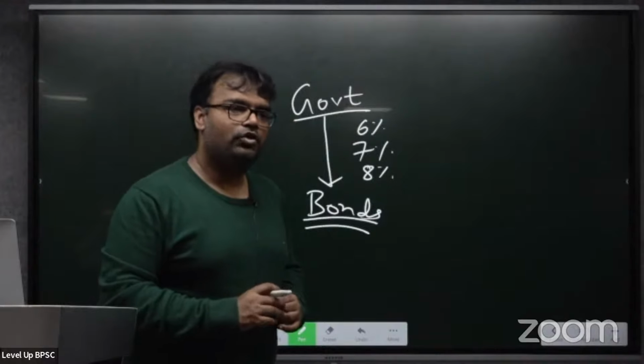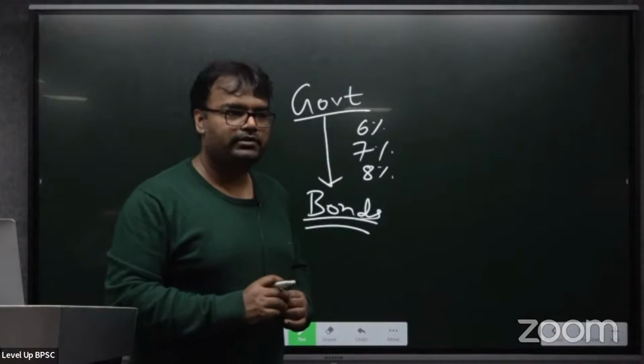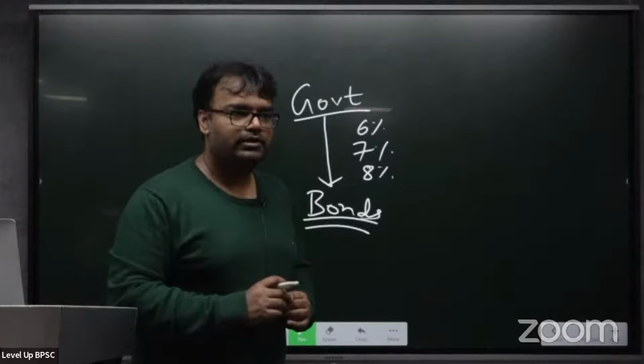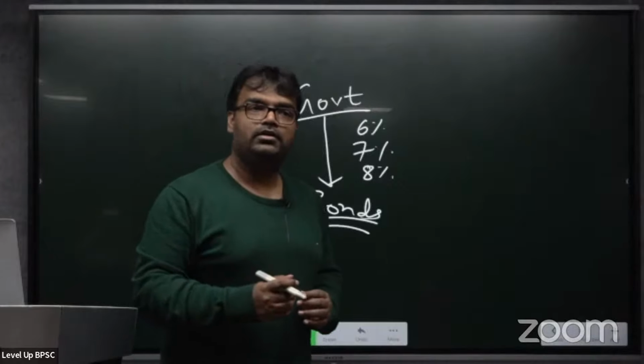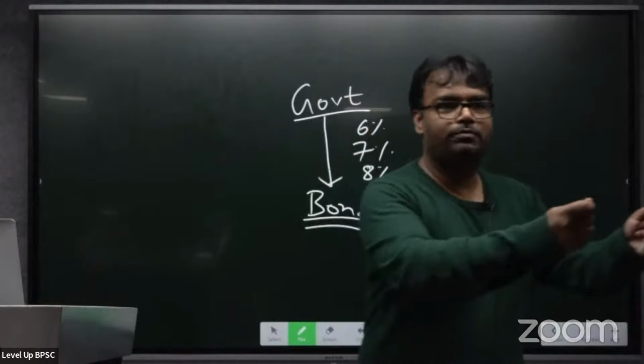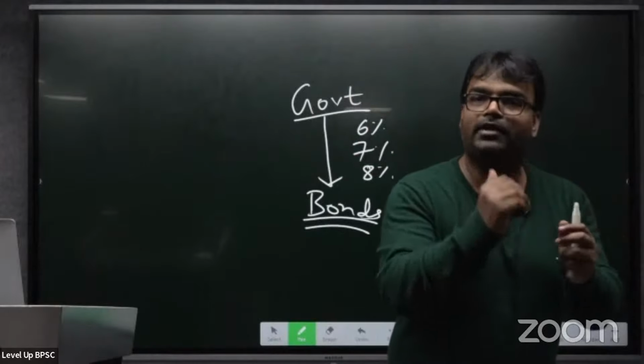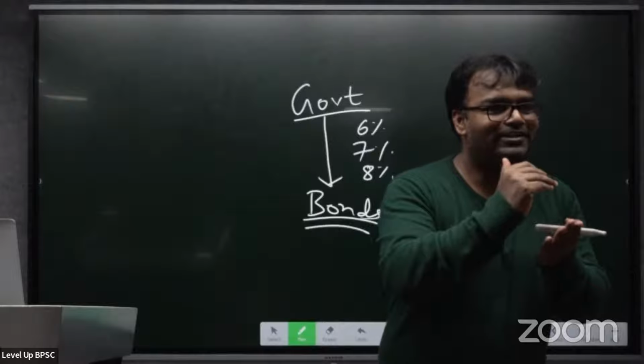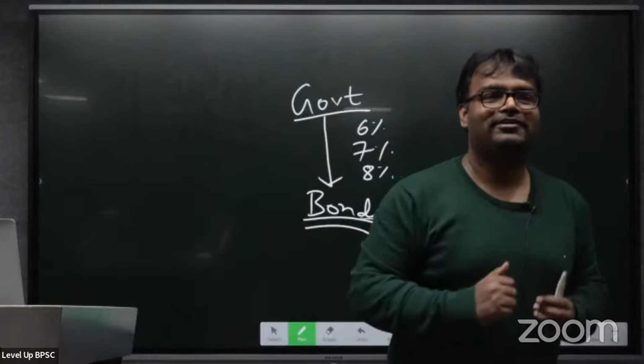After that, economy started doing badly, right? COVID-19 आया, people were not ready to invest in other things. They were like, government bond में डाल दो, security पैसा मिल तो जाएगा, चाहे कम मिलेगा. So government yield kept on decreasing.